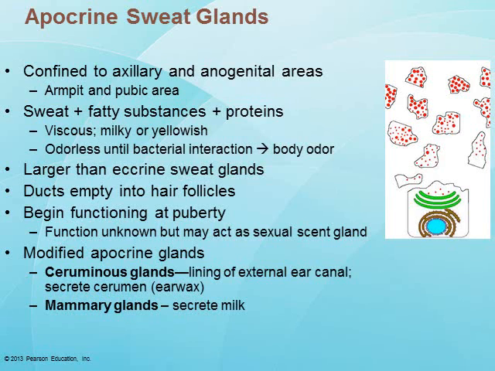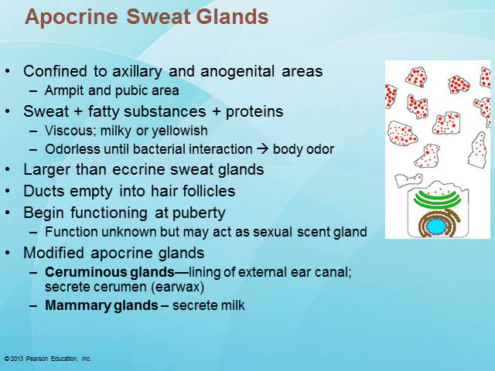So that makes the sweat normally not really transparent. It may become milky or yellowish, and those apocrine sweat glands are normally located under the armpit, axillary, or pubic area. Okay, so those are the places that have apocrine sweat glands.